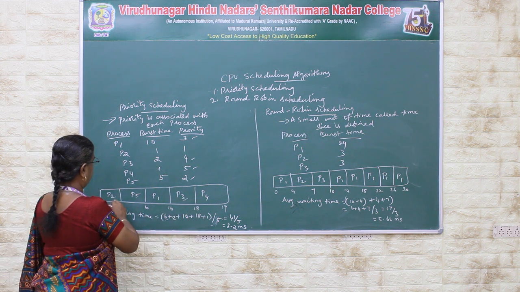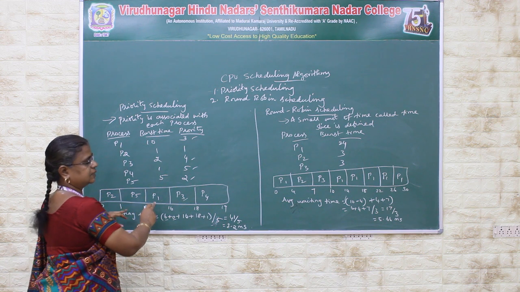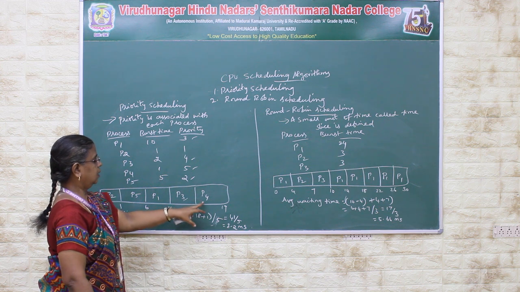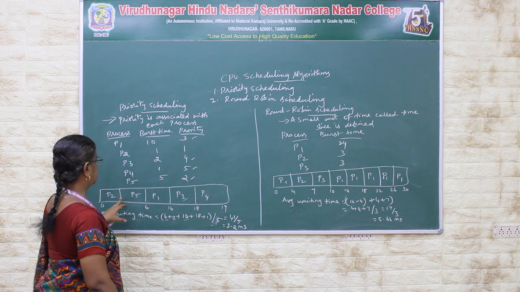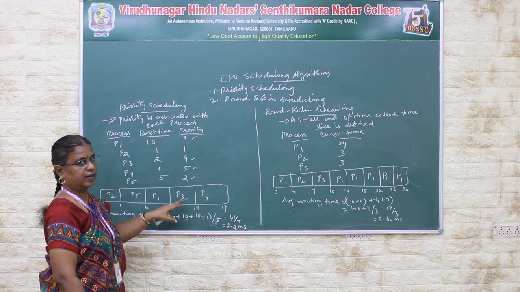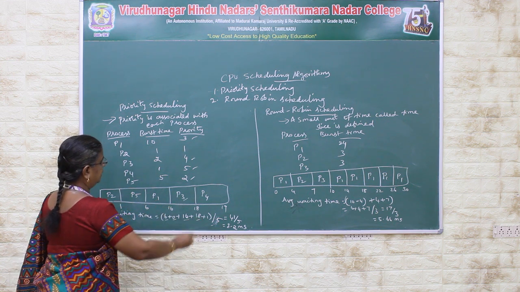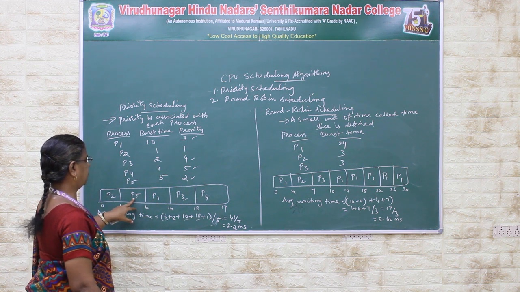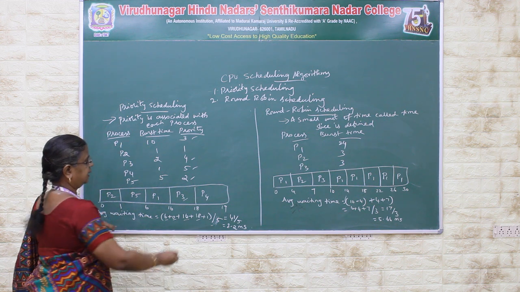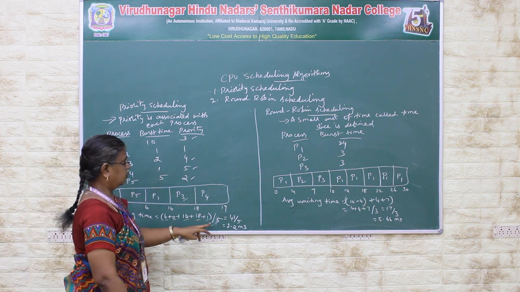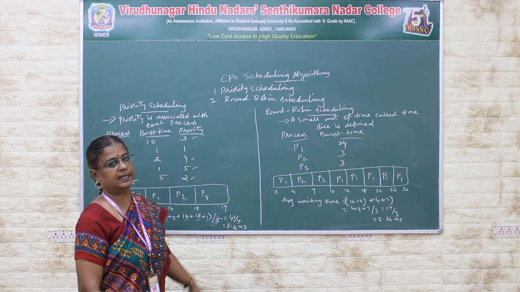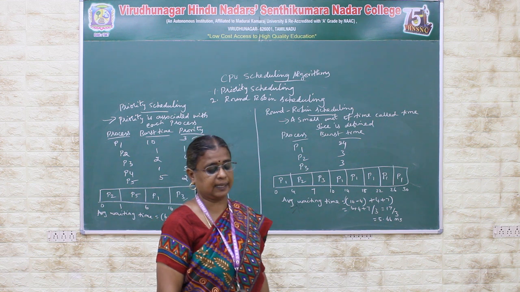P3 has to wait until P2, P5 and P1 are completed, so its waiting time is 16. P4 has to wait until the first 4 processes P2, P5, P1, P3 finish, so its waiting time is 18. P5 has to wait until P2 finishes, so its waiting time is 1. In total, for 5 processes, 41 divided by 5, the average waiting time is 8.2 milliseconds.